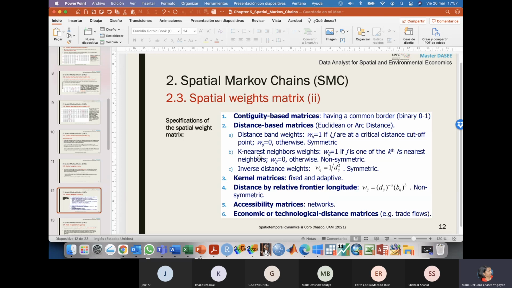If you consider, for instance, the centroid of Switzerland, the nearest neighbor is perhaps in Austria or whatever European country. This is why many people say, well, okay, I consider the k nearest neighbors, 4, 5, 6, whatever, but I combine this expression with the inverse distance weights, just to consider that they are neighbors and neighbors. Well, the kernel matrices are more complex.